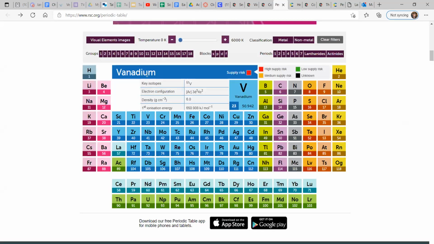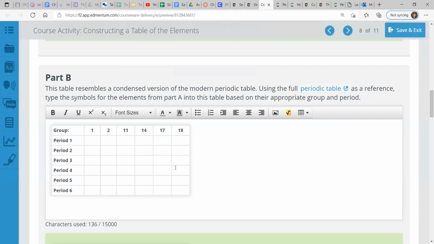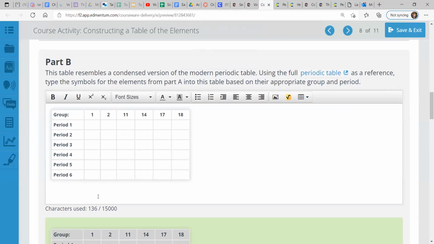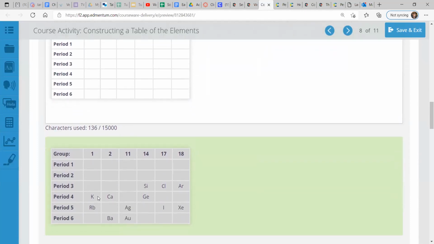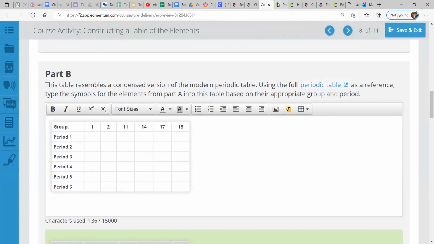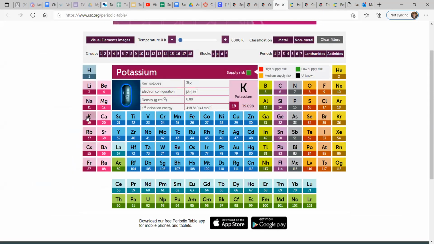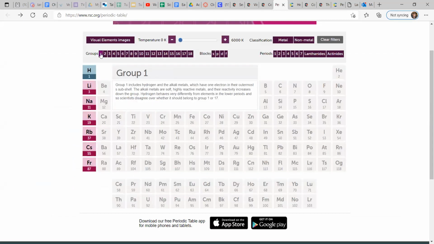So we're going to look at the whole periodic table and create our own small version of it in this little area here. There's what it should look like. And how we get to that is we just look at the periodic table. All right, so here's group one.